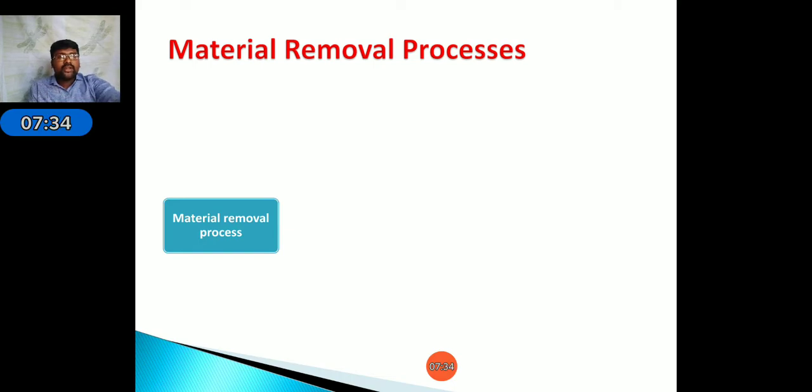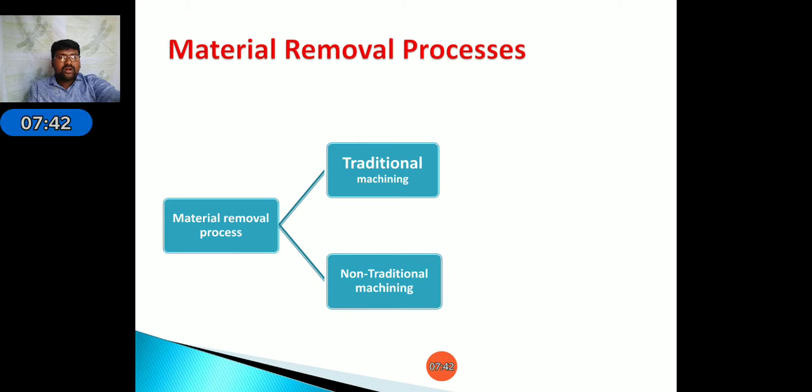The main material removal process is divided into two types: first, traditional machining, and second, non-traditional machining. Traditional machining is also called conventional machining, and non-traditional machining is also called unconventional machining or modern machining methods or modern manufacturing methods.